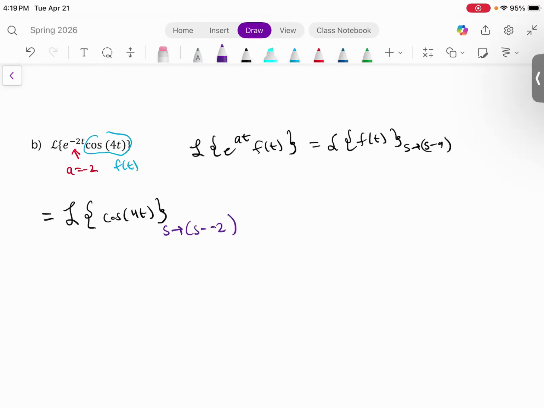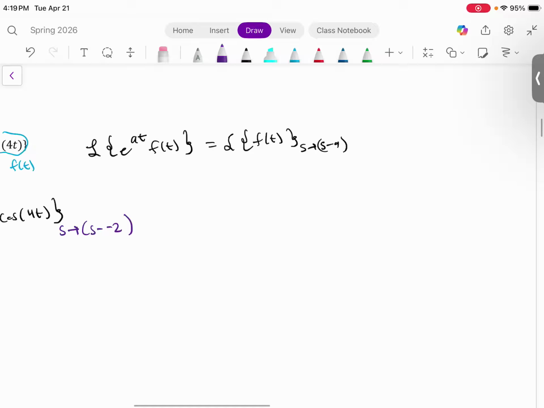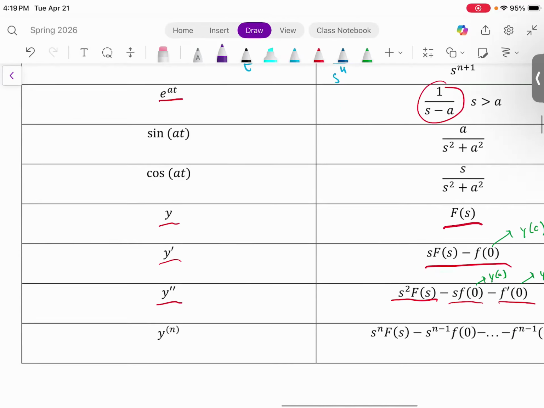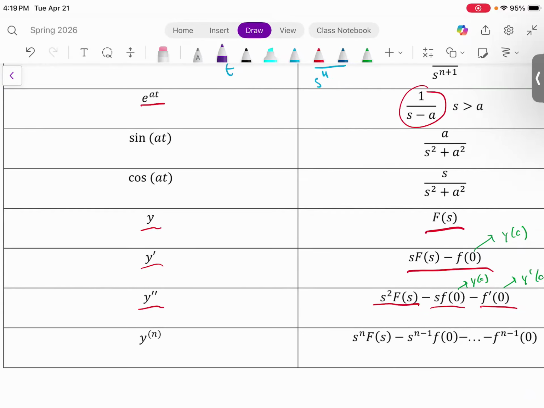It's going to end up being +2, but I just want to show how that works, okay? And so cosine of 4t, got our handy table here, cosine of 4t, right? So that means the Laplace of that would be s over s squared plus 4 squared.